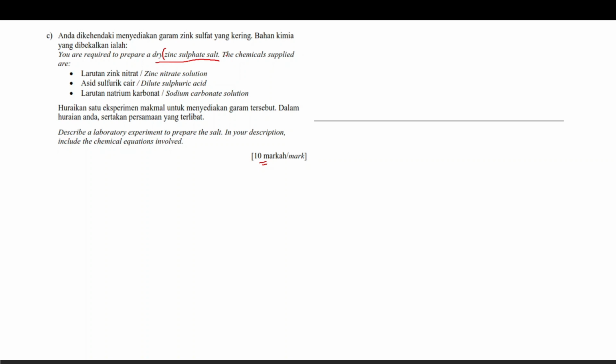Class, first we need to determine whether the zinc sulfate salt you want to prepare is a soluble or insoluble salt. We know that zinc sulfate is a soluble salt, and it is not a sodium, potassium, or ammonium salt, so we can use a few methods.